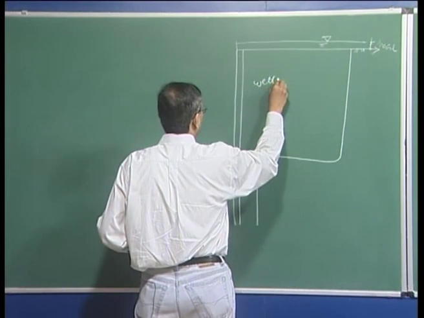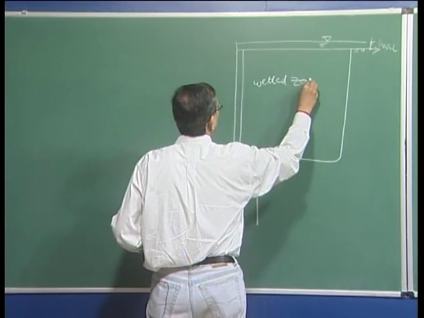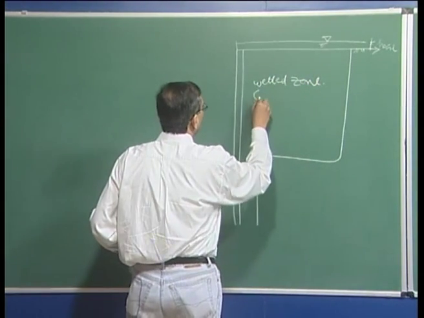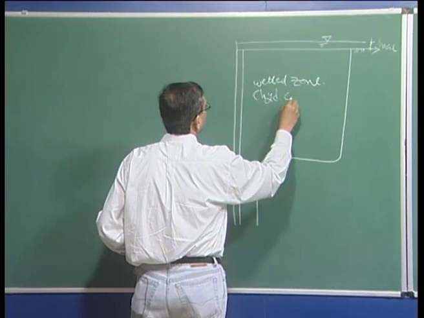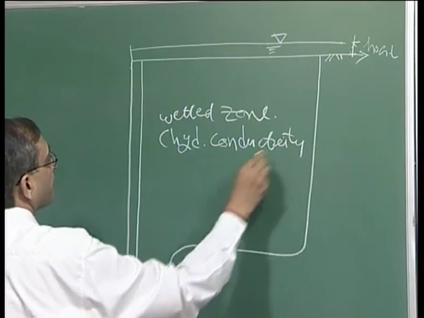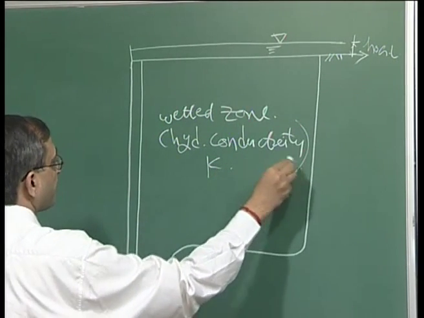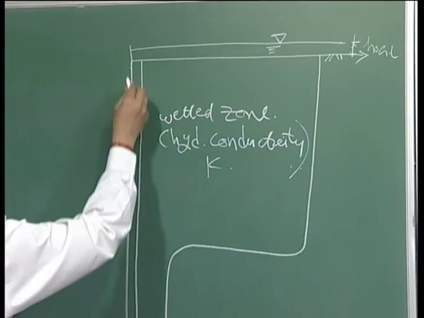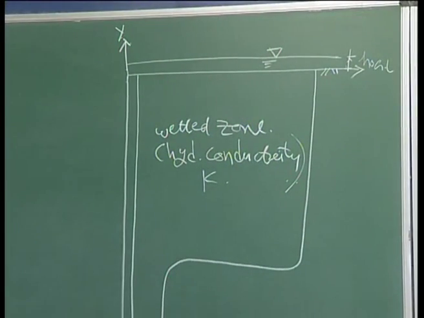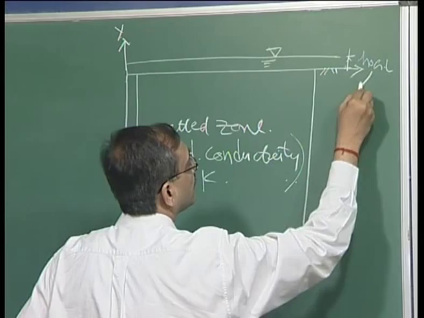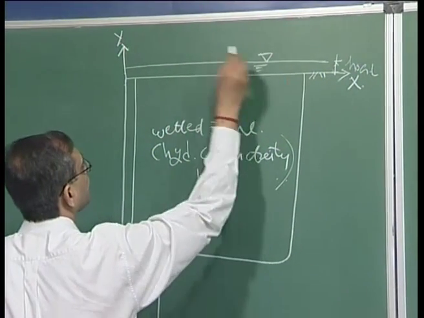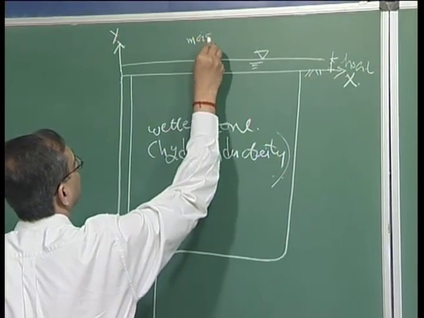This is called the wetted zone of hydraulic conductivity K. Let us say this is my y direction or the vertical direction and this is your x direction, on which you are plotting the moisture content.